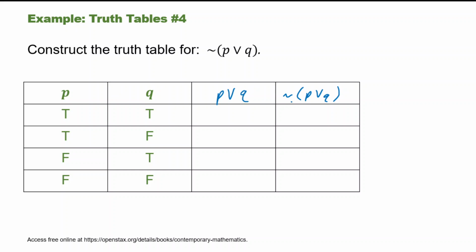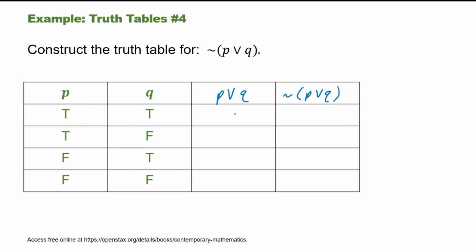So I'm going to go ahead and write that. So the third column header is P or Q, and the fourth is not, parentheses, P or Q, close parentheses. Now we have our rows, first two columns filled out as true, true and true, true and false, false and true, false and false. So that we can then complete P or Q looking at those two.